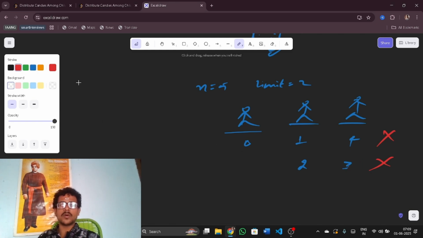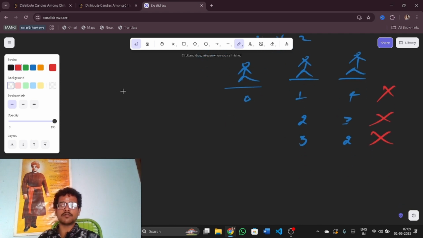Now let us go again and give 3 candies and here 2 candies, and again this is also not possible. So we cannot give 0 candies to the first child. You can even go further and check for 4 and 1. Here it will be 4 and 1, and this will also not satisfy the constraint that each child should not get more than 2 candies.